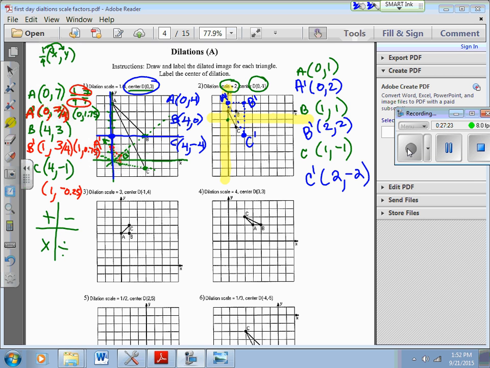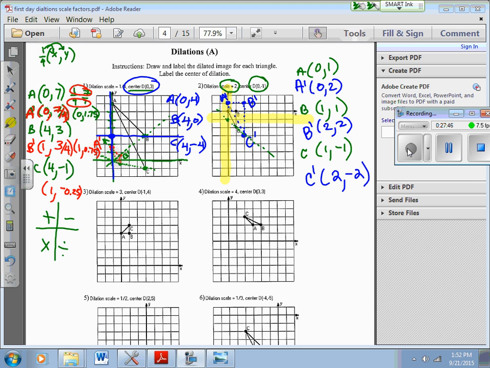Now do me a favor. With your ruler, connect the C prime to the C image. Those 2 points connect and meet at the origin. At the origin of 0, -1.